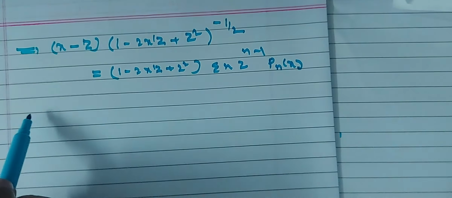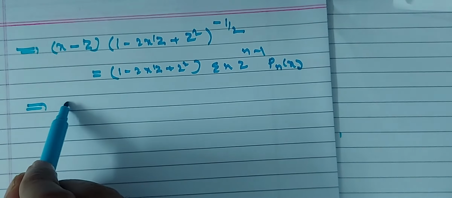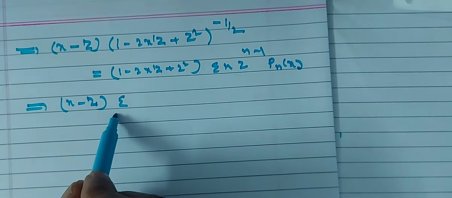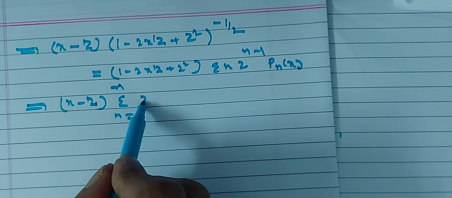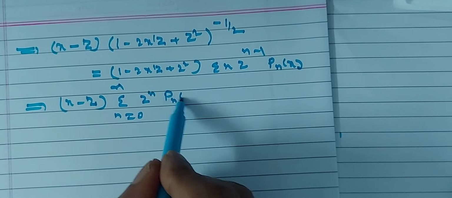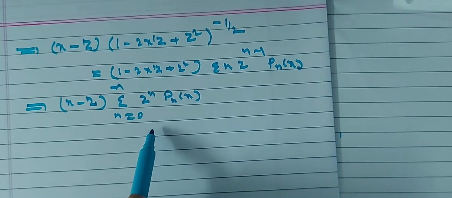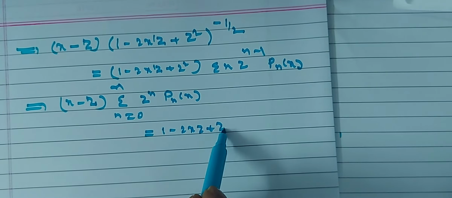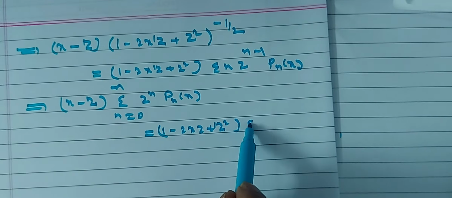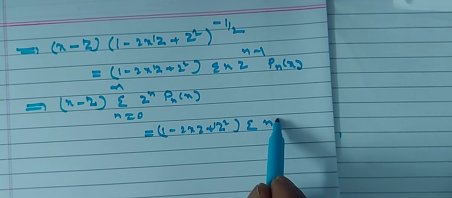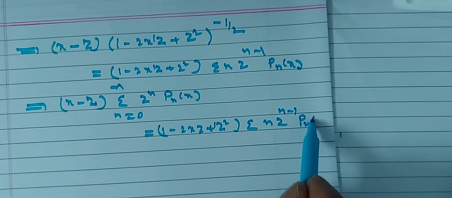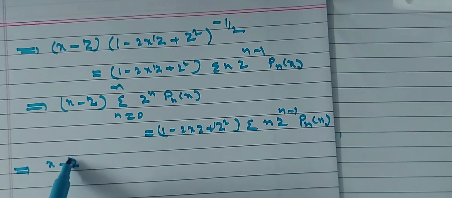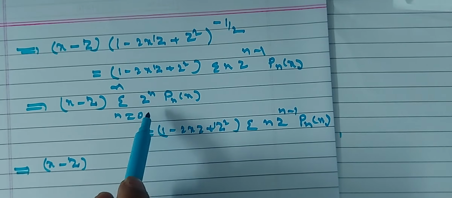That implies x minus z into sigma n is equal to 0 to infinity z power n Pn of x is equal to, the right side, (1 minus 2xz plus z square) into sigma n into z power n minus 1 Pn of x. So what is the expansion of this?